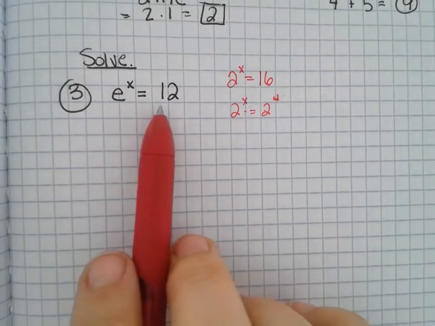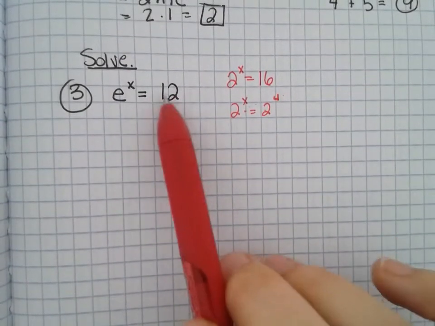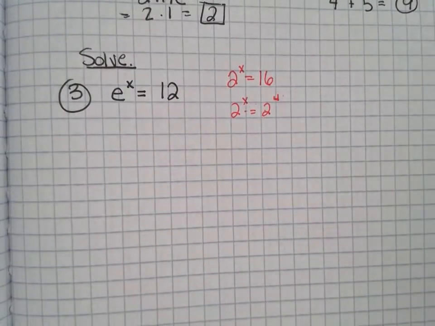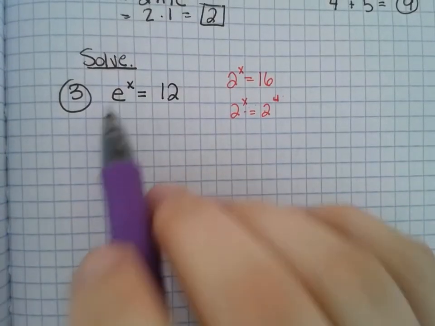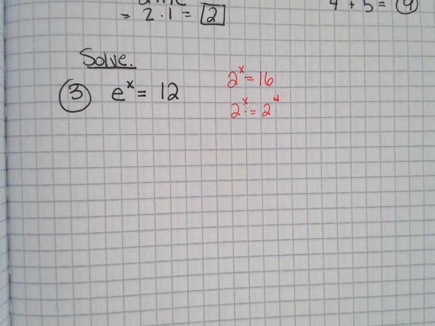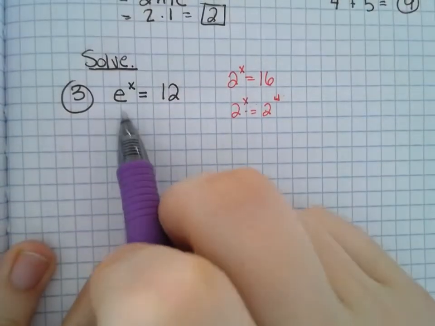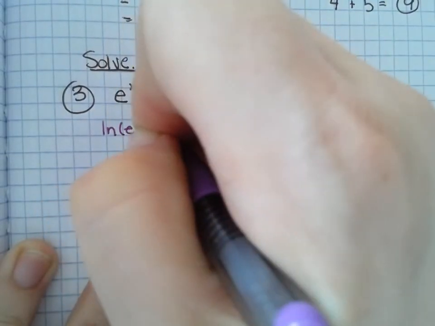But do we know a way to easily make 12 into a base of e? So what I would do here, how would we cancel out an e? A natural log. So here, let's take a natural log of both sides.